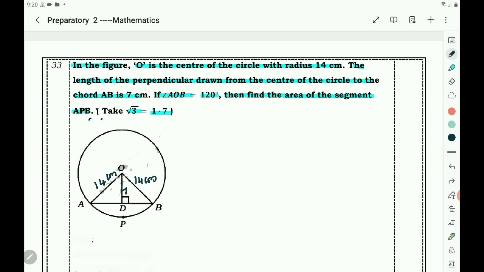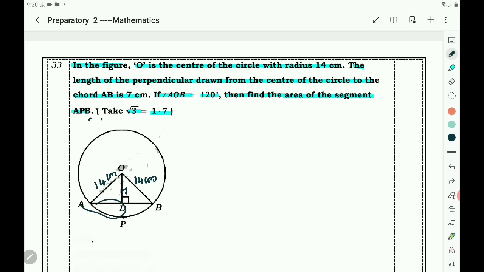To find AB, we have to find AD. If you get AD, the double of AD is AB. You know that a perpendicular drawn from the center to the chord bisects the chord. Here given that OD is perpendicular, so OD bisects AB, so D is the midpoint of AB.